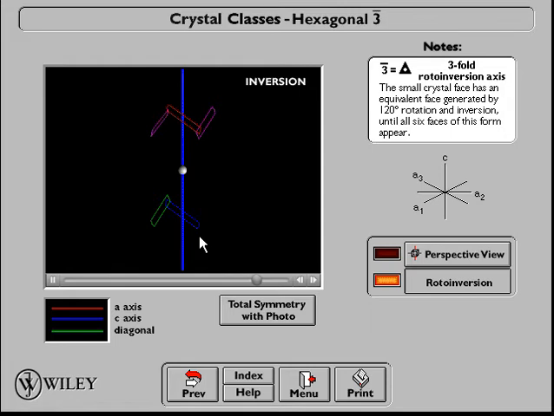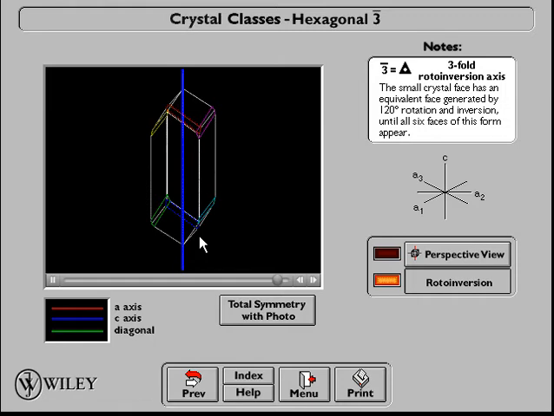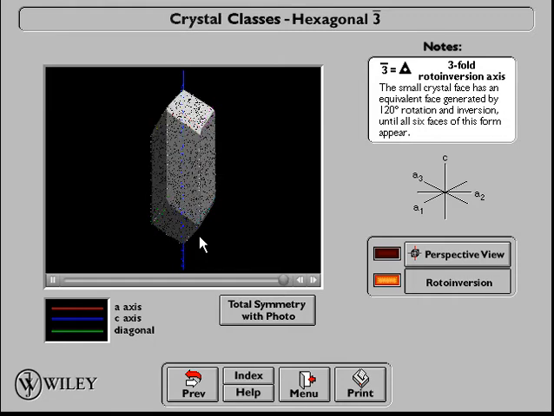Finally, again, we are making the inversion through the center of symmetry. Now we have made a 3-fold roto-inversion, and that is the hexagonal symmetry 3 over.